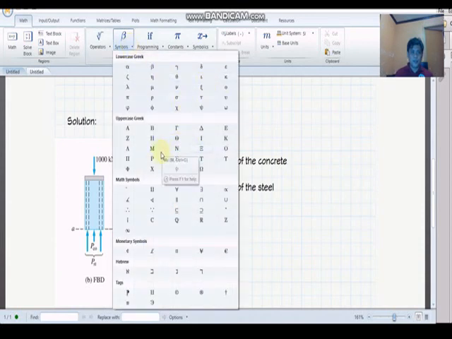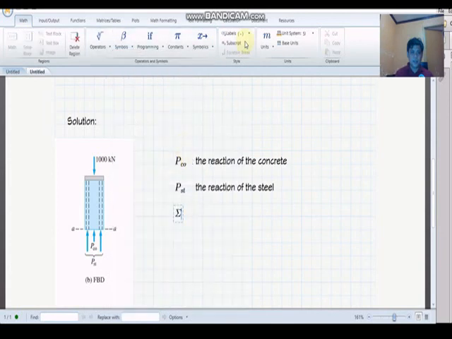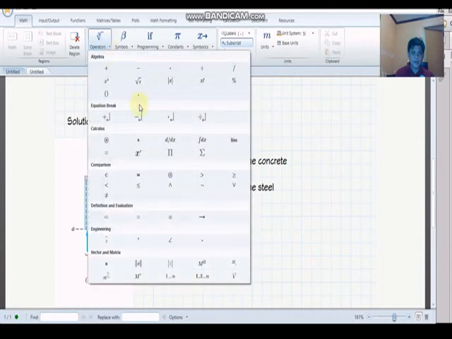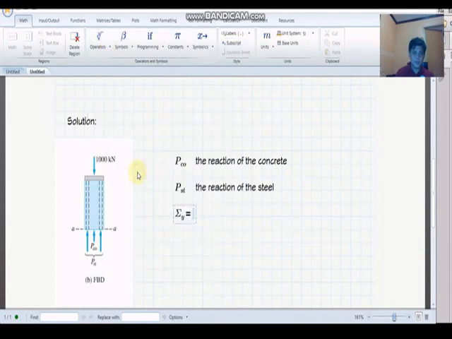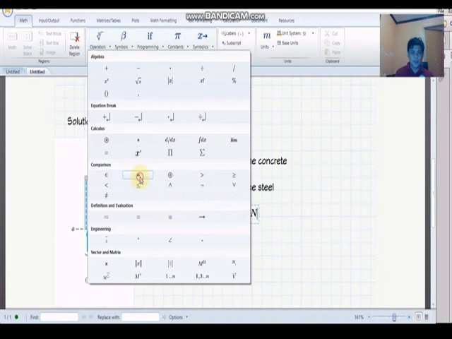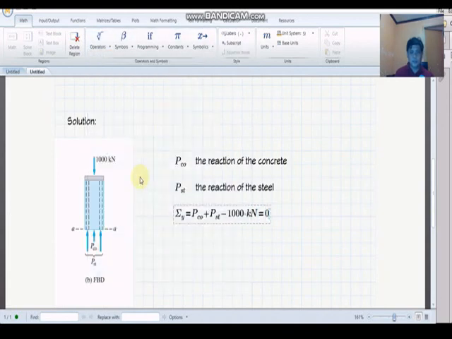We have summation of forces along the y-axis equivalent to PCO plus PST minus the 1000 kilonewton load. And since it's in equilibrium, that's equivalent to 0.